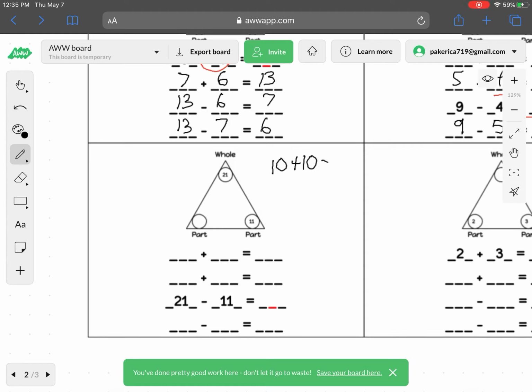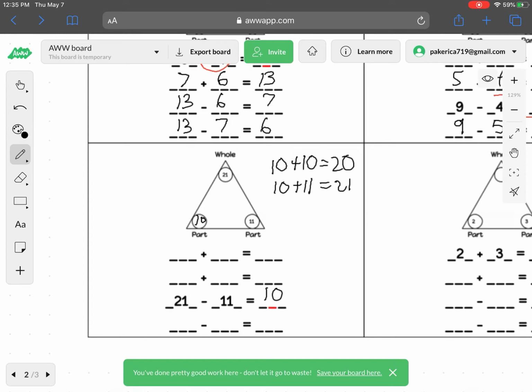I know 10 plus 10 equals 20. But I want to get to 21. So I know that my equation should be 10 plus 11 equals 21. Let's add that to our equation and to our number bond. My missing number was 10.